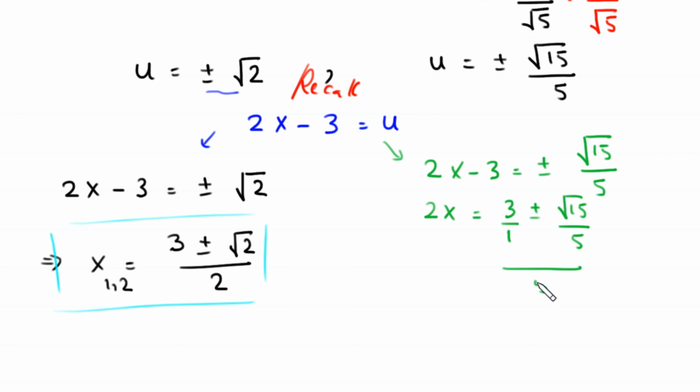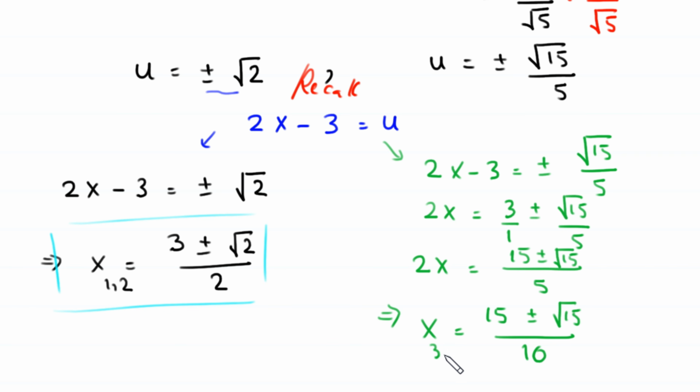The LCM is 5. So this 5 times 3 will become 15 plus minus this root 15 equal to 2x, and this implies that x is equal to (15 plus minus root 15) divided by 2 times 5, which is 10. This is the third and fourth solution. So we have 4 solutions for this equation.